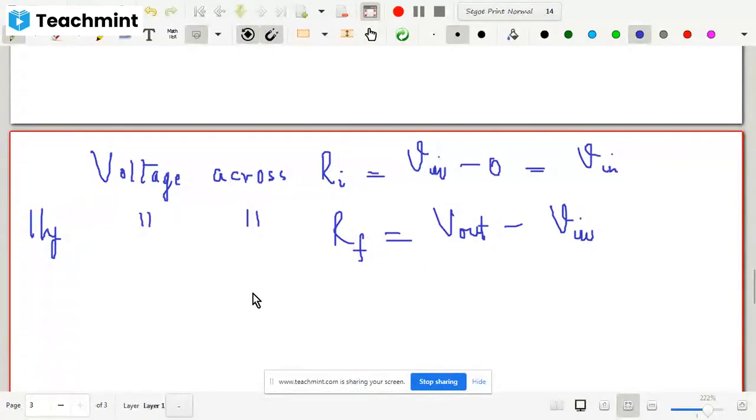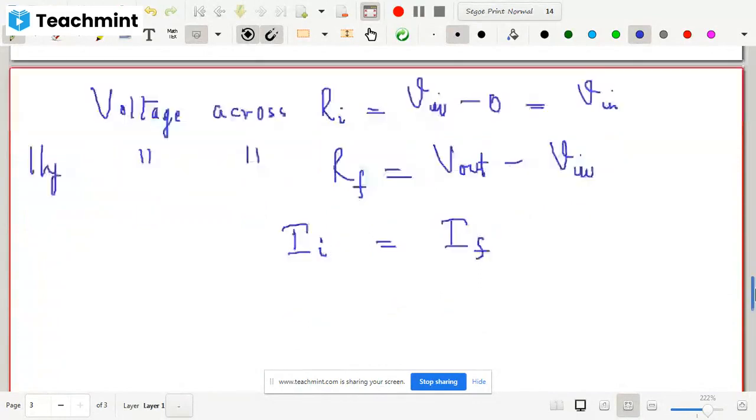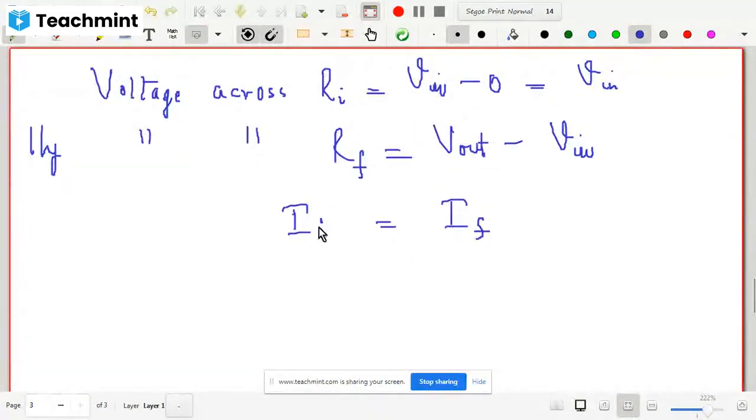Now since the current across Ri, that means the input current, should be equal to the feedback current. Whatever current is flowing through the feedback resistance, the same current will flow through this input resistance. Now what would be the input current? Input current is the voltage drop across Ri divided by the resistance. The voltage drop across Ri should be V in minus 0.